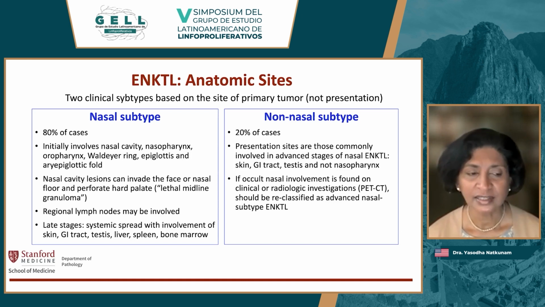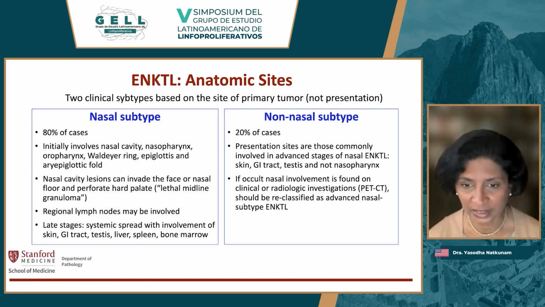In the nasal subtype, the nasal cavity lesions can invade into the face or nasal floor or perforate the hard palate. And this actually is why the older name lethal midline granuloma was applied to this disease before it was discovered that it was actually a malignant lymphoma. Regional lymph nodes can be involved, and in late stages, there is systemic spread of this lymphoma to other sites.